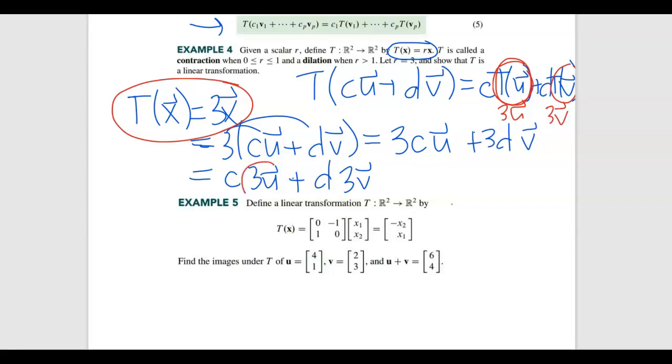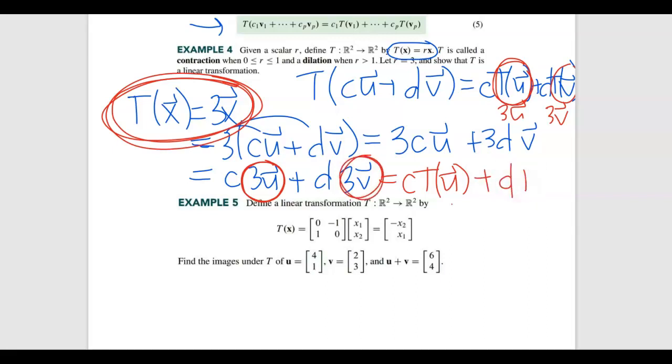So I can replace 3u with T(u), because 3u is just the transformation of vector u under this scalar multiple of 3. Plus, same thing here.